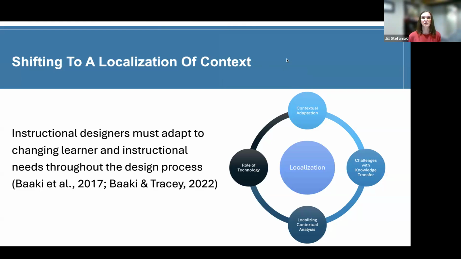And so in recent years, Monica Tracy and John Bakke have really started thinking about what localization of context looks like in instructional design. And so what they're suggesting is, again, we're going to start approaching things thinking of the learner context. How is the learner navigating through that experience? And then also thinking about the designer context.